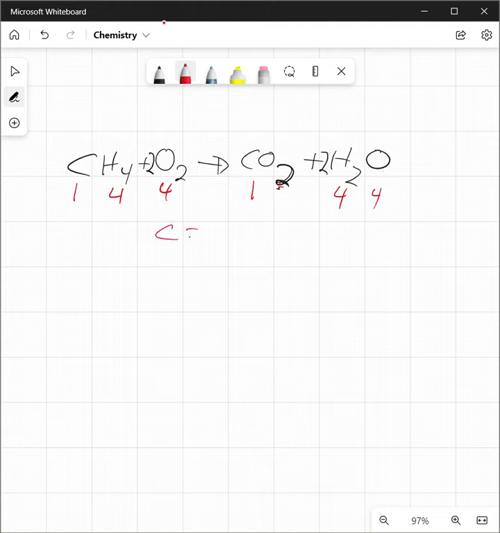So carbons equal carbons, hydrogens equal hydrogens, and oxygens equal oxygens. Now we have a balanced chemical reaction. Okay, that makes more sense.